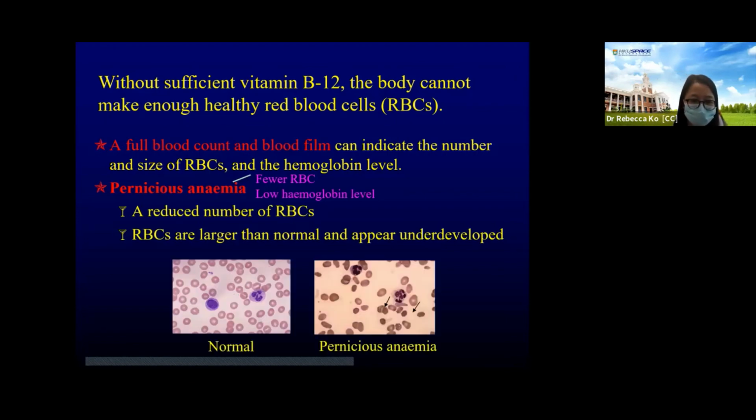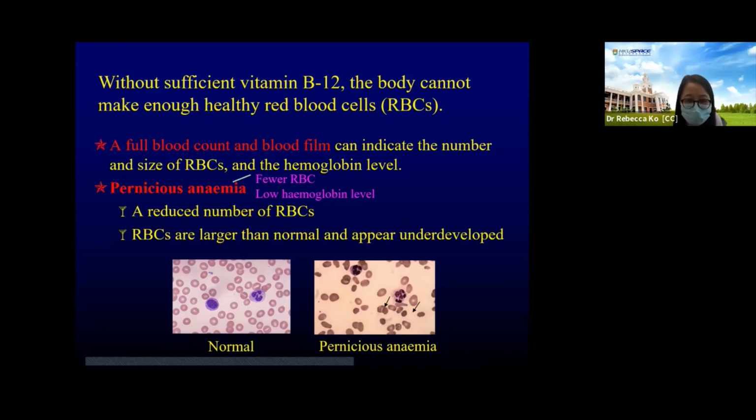So now let's see. This is the normal one. You count the red blood cells and compare with the one with pernicious anemia. The red blood cell number is fewer, right? Other than that, the hemoglobin level will be dropped as well.